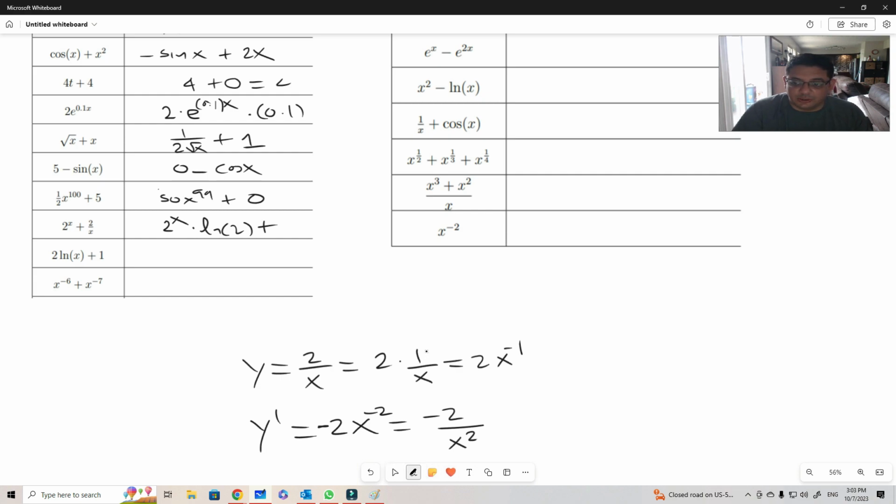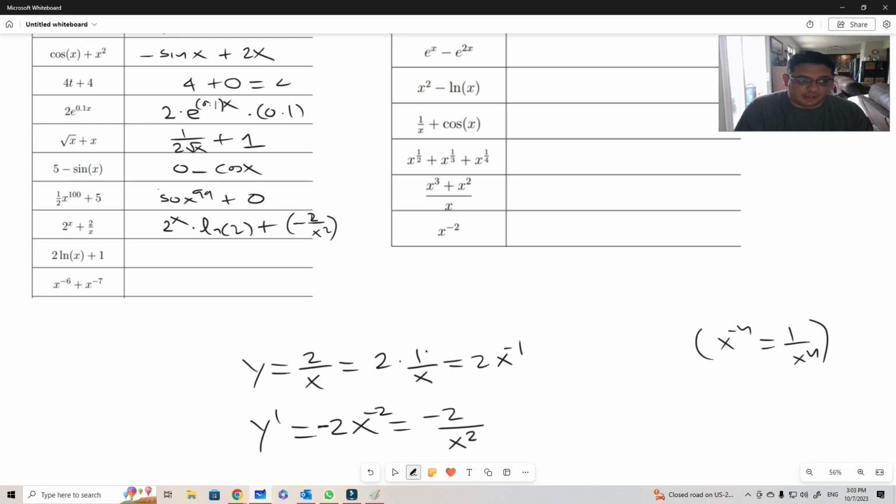Okay, so we're using, remember, for this part, the formula where x to the minus n is 1 over x to the n. And then here we're using the power rule for the derivative. So at this point, this becomes here minus 2 over x squared. And of course, we gotta fix this sign when we simplify.